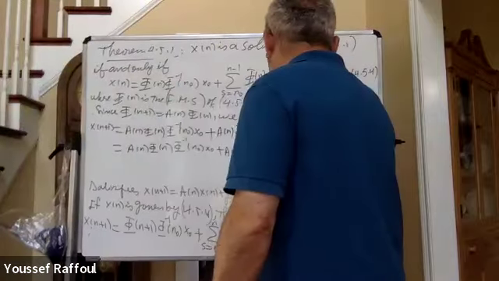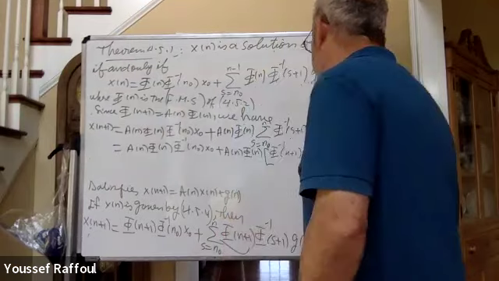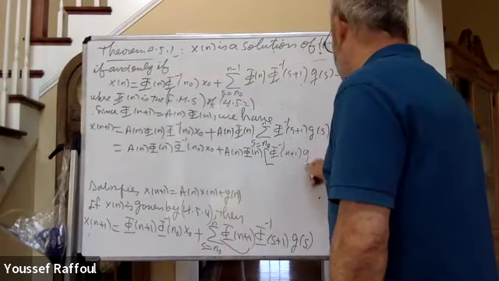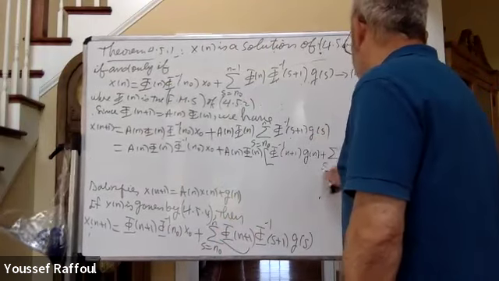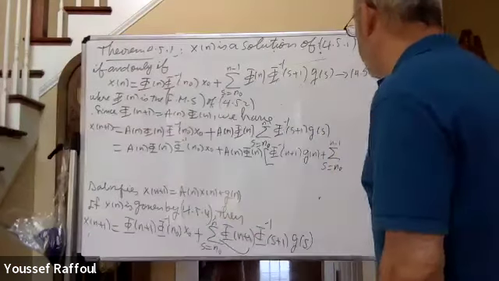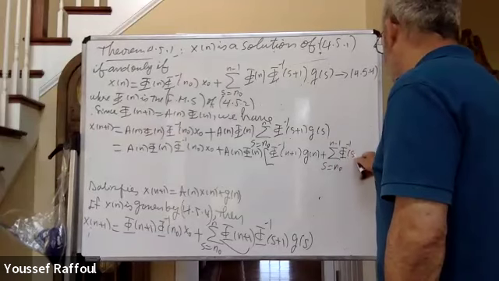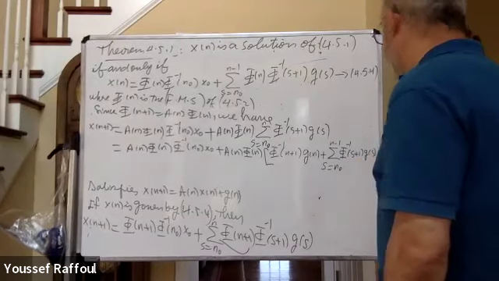This is at n, phi inverse of n plus 1 gn plus summation s equal n naught to n minus 1 phi inverse of s plus 1 g of s.